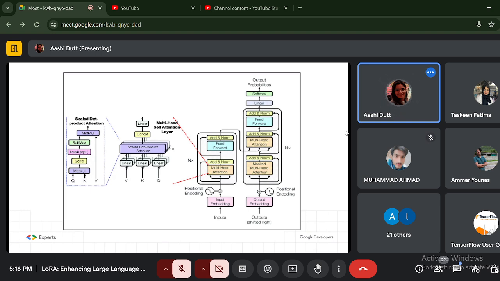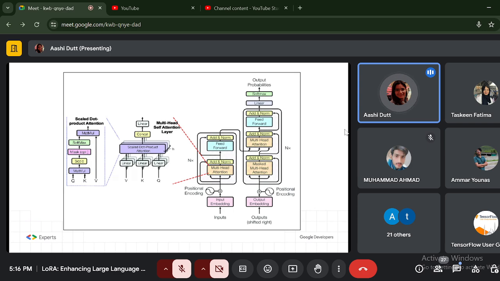That is the multi-head attention layer. This is the main core of the transformer that differentiates it from LSTMs, RNNs, and the rest of the other models. What this multi-head attention layer does is, when you have the tokens and positional encodings together, it divides them into three vectors.